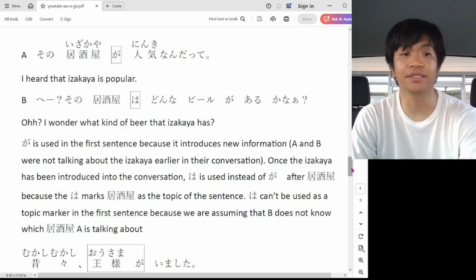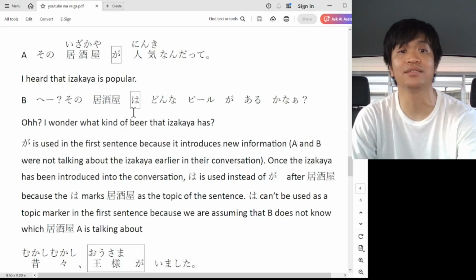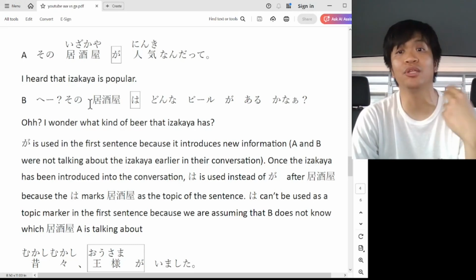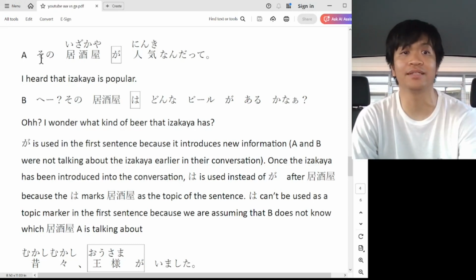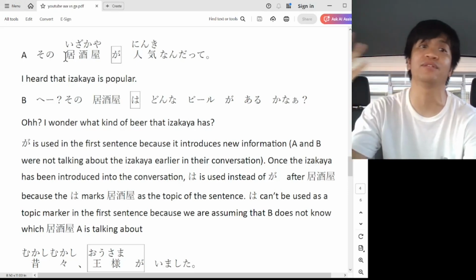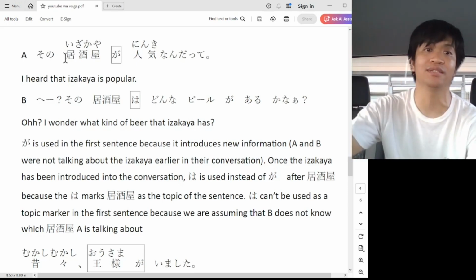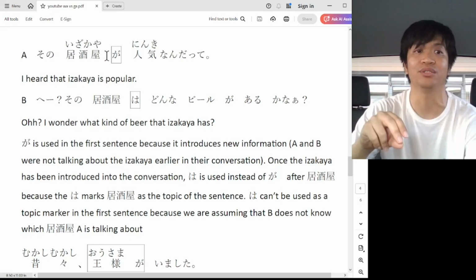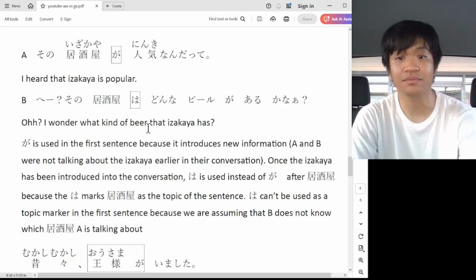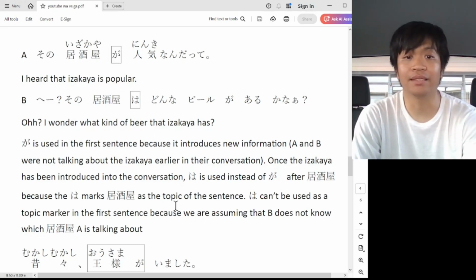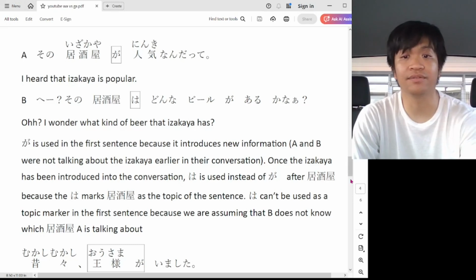So here, wa marks izakaya as the topic of the sentence. Why? Because both A and B now know about the izakaya. Here, izakaya was never introduced into the conversation before. So it's introducing the new information. That's why we use ga up here.